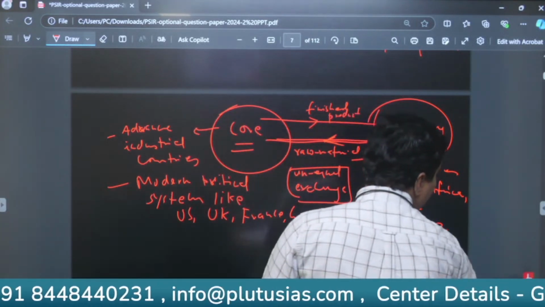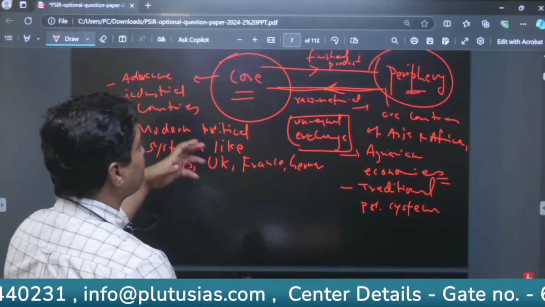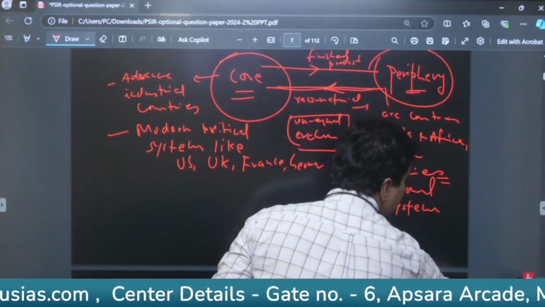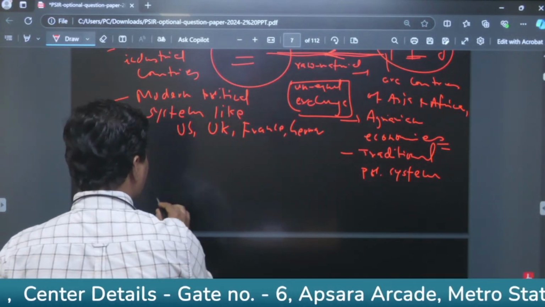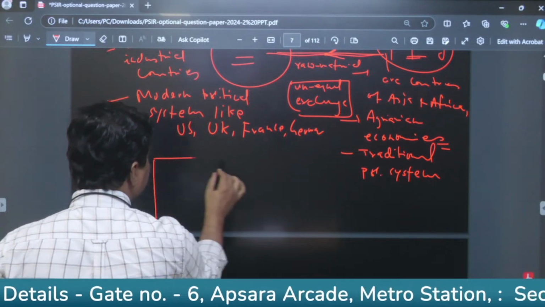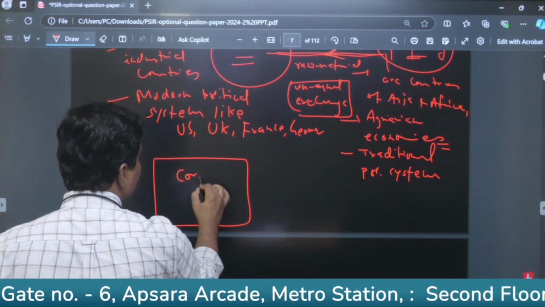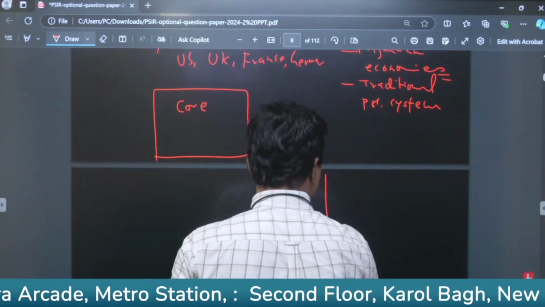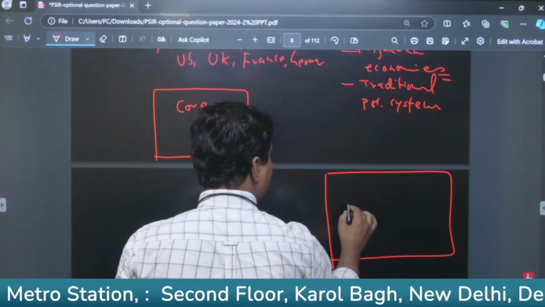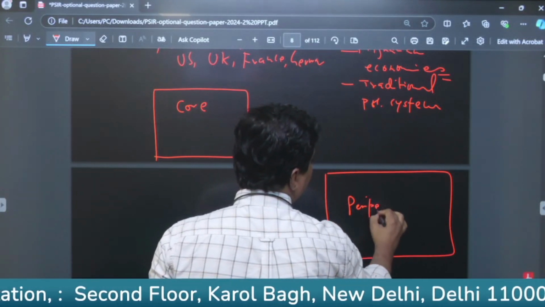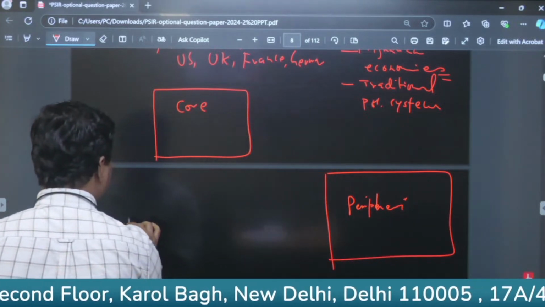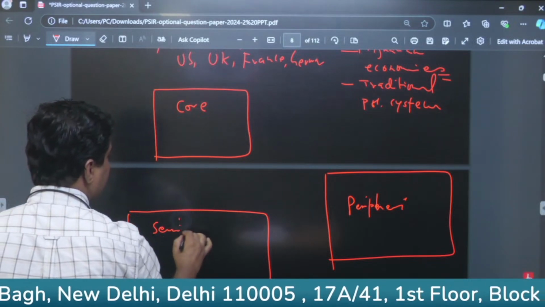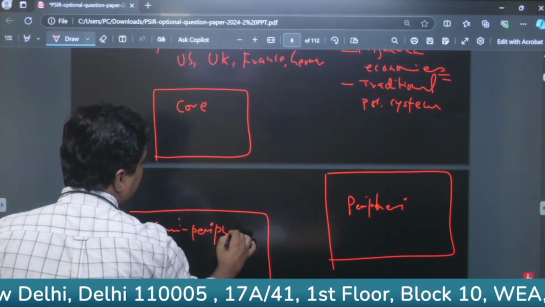Now, Immanuel Wallerstein added one more structure to the core and periphery. Right? And he talked about the three structures: core, periphery and semi-periphery.